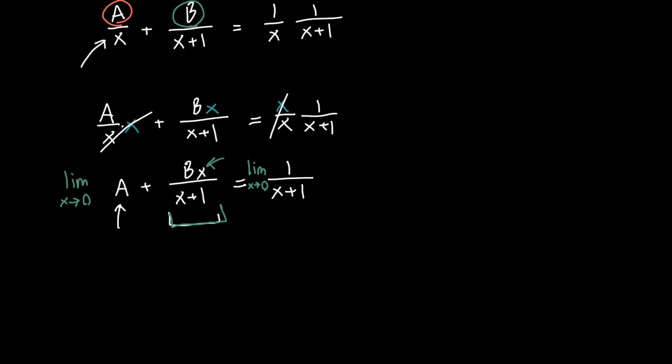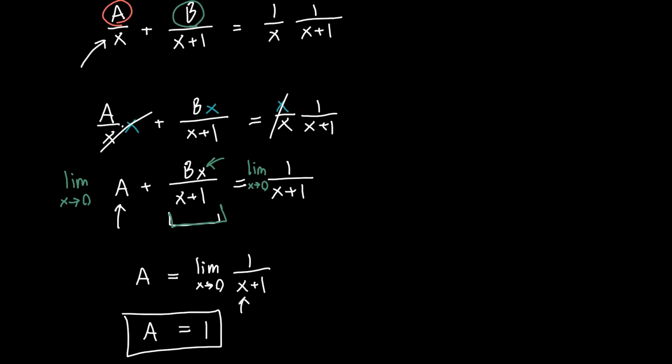The two sides of the equation are still going to be equal to each other, but we get rid of this term. And so if we carry out the limit, you'll see that a is just equal to the limit as x approaches 0 of 1 over x plus 1, which is just plug in 0 here, which is just 1. So we've got our coefficient a.